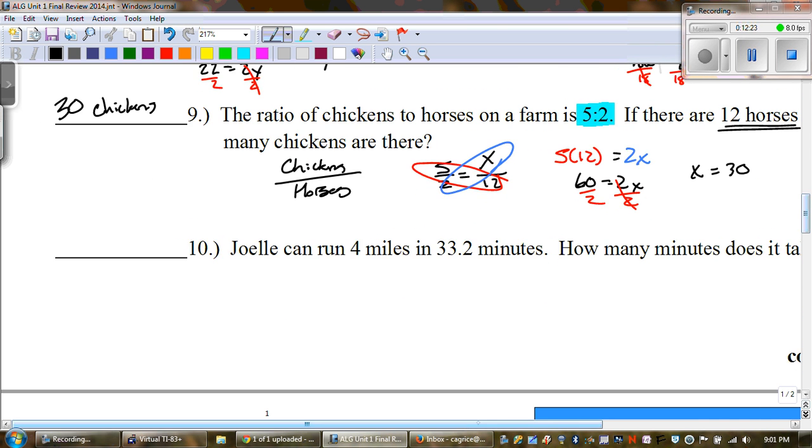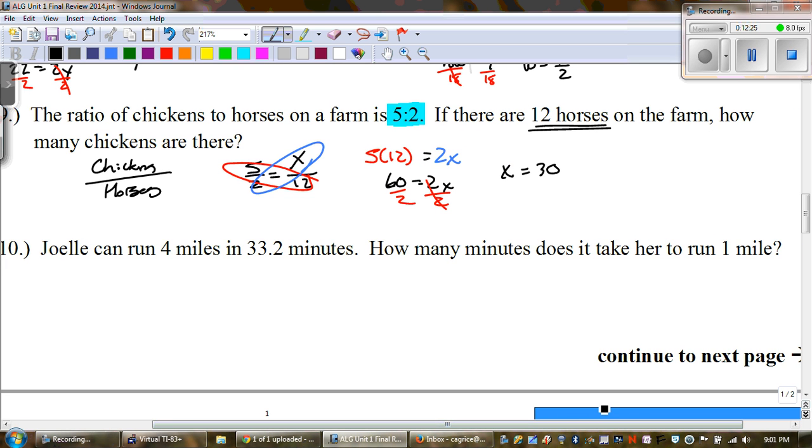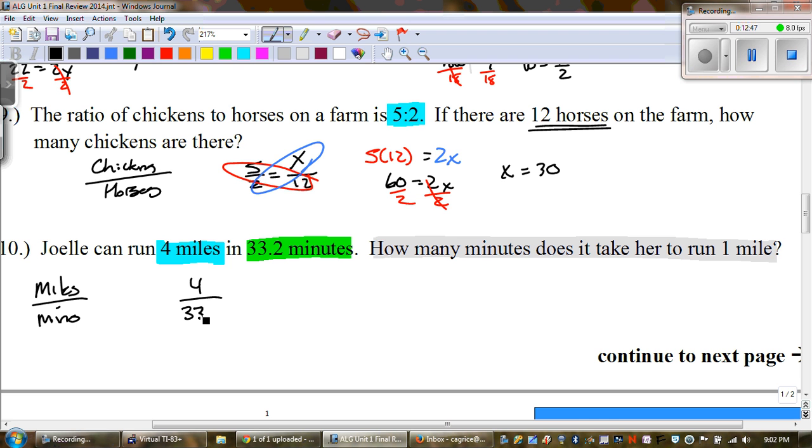All right, number 10, it says Jolie can run 4 miles in 33.2 minutes. So they want to know how many minutes does it take to run 1 mile. So we've got miles over minutes, okay? And they say 4 miles equals 33.2. And I want to know 1. So I'm looking for the minutes, and minutes are on the bottom, okay?